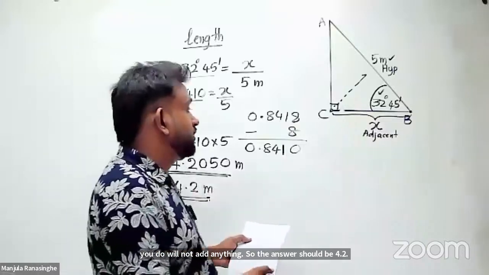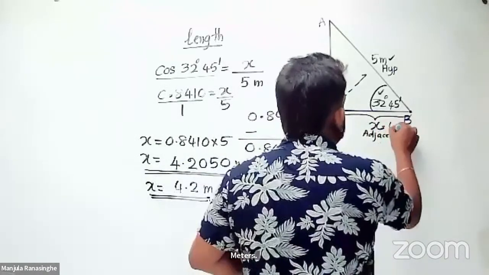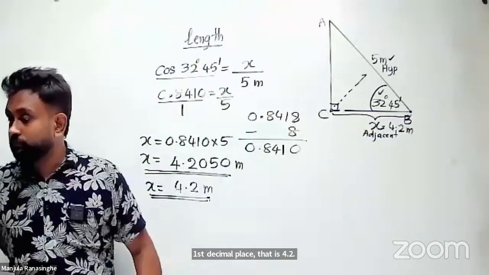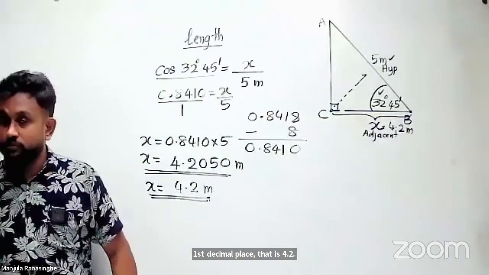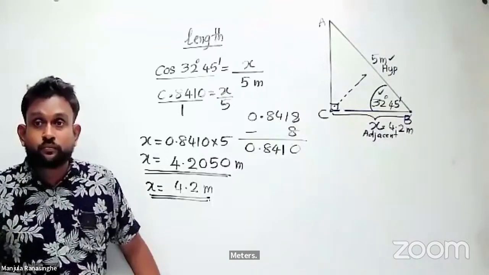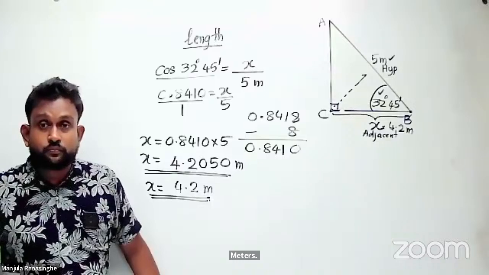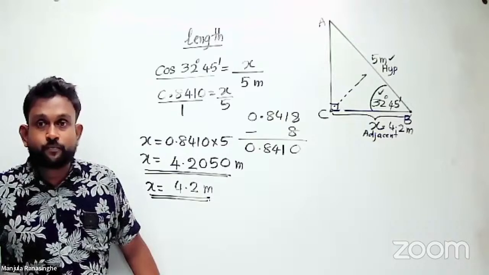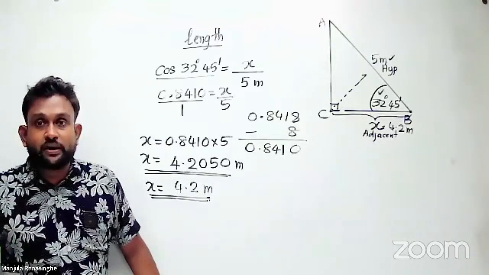They are asking for the first decimal place, that is 4.2 meters. Right, so that is done. That is part one.